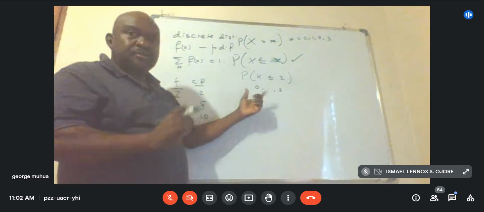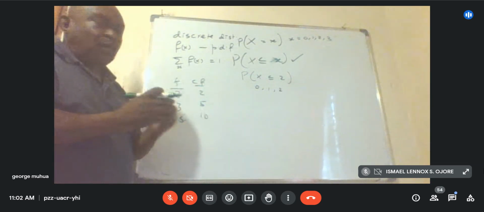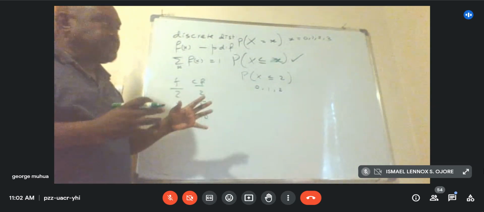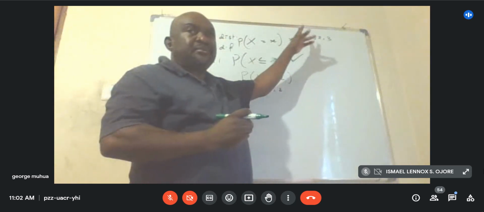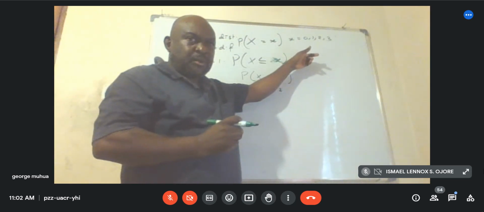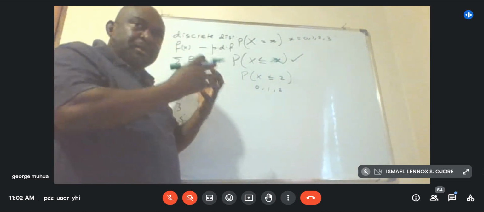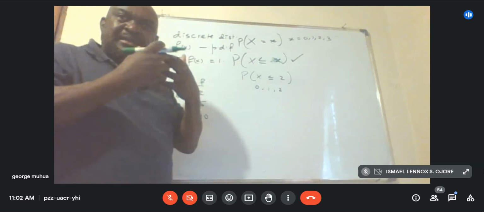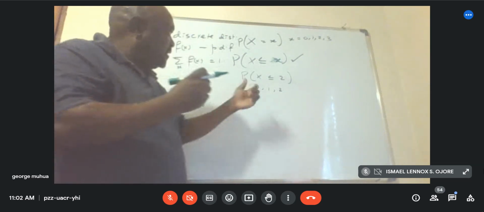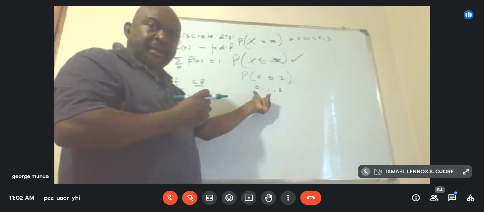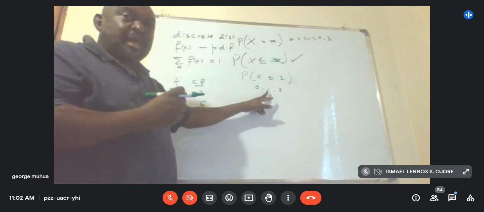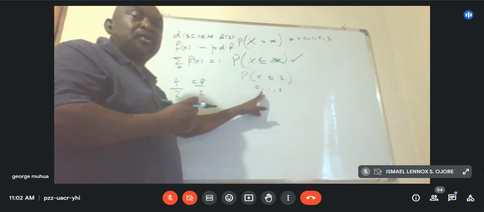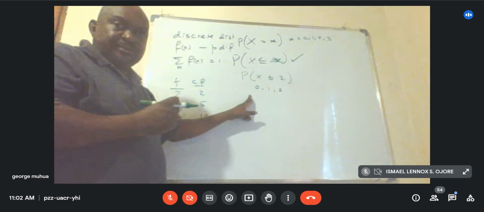This therefore tells you that if you want to get the CDF of a particular discrete distribution, you ask yourself, what are the values taken by the random variable? And if I'm looking for the cumulative, I'm starting at the beginning. I get the distribution for 0. But now when I come here, I don't just get for 1, I also add it to the one I got for 0.